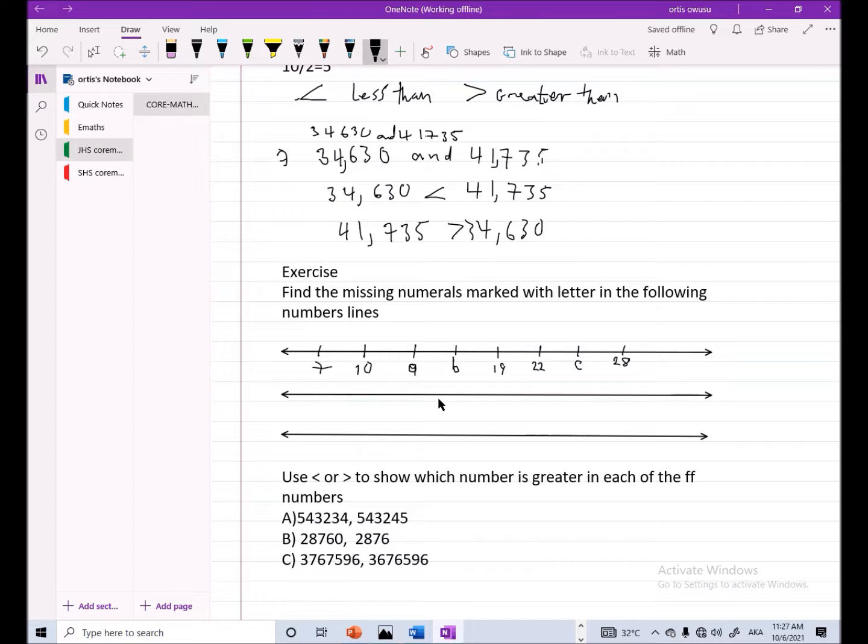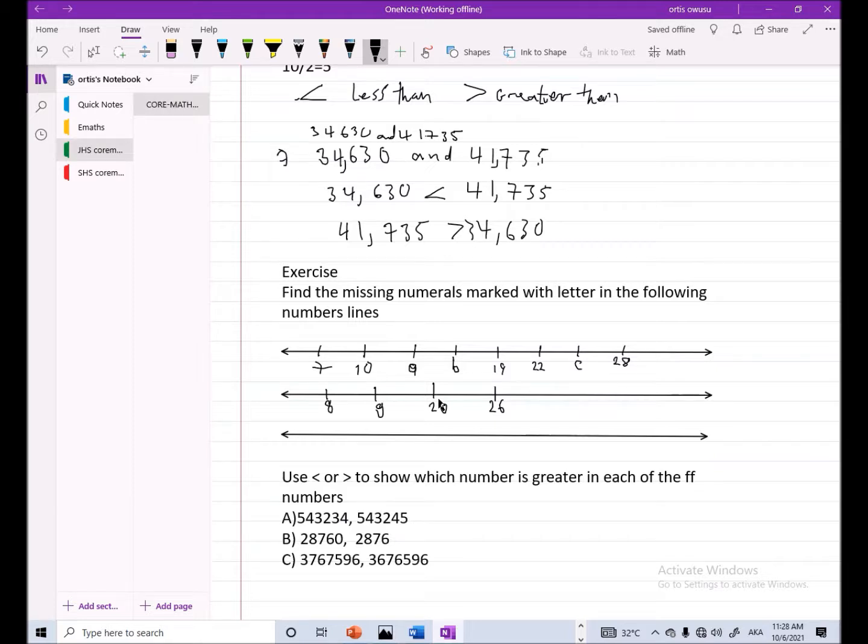Hope you're following. So A, B, to 19, alright? Then I love this one. Oh, I don't love it. It's too easy. We have 8. We have J. We have 20 here. We have 26.